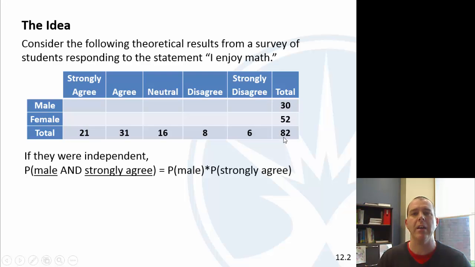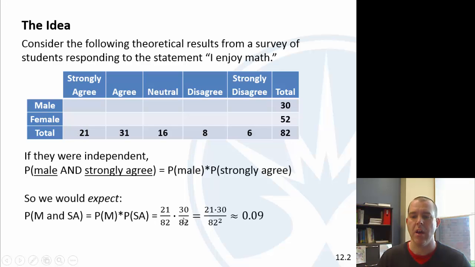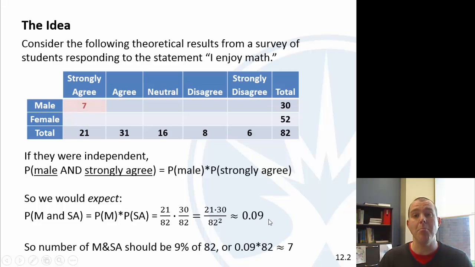So we could find, in theory, the probability that a student is male, and the probability that a student strongly agrees, and we could multiply those. And we could say, in theory, the probability that a student is male and strongly agrees is about 0.09. And so then the number that are in there should be 9% of 82, or about 7.